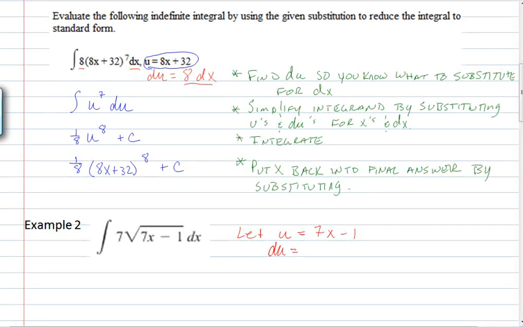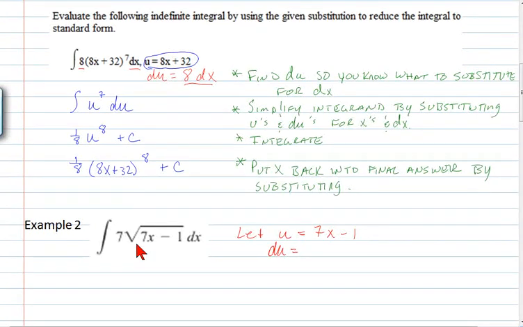Oh, yeah, because if you let u be the entire square root, then when you find the du, it looks worse than what you started with. So try and see what happens. If you end up with something more complicated, you didn't pick the right thing to substitute. Typically, you want it to be the most complicated thing.